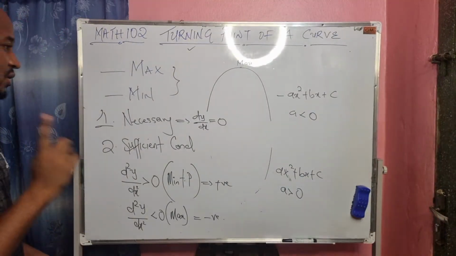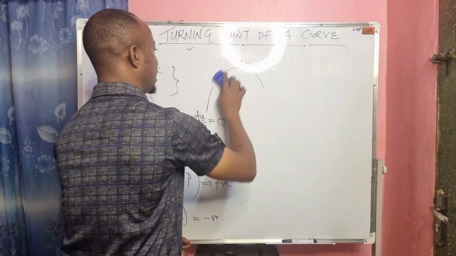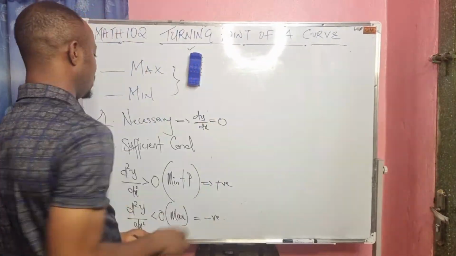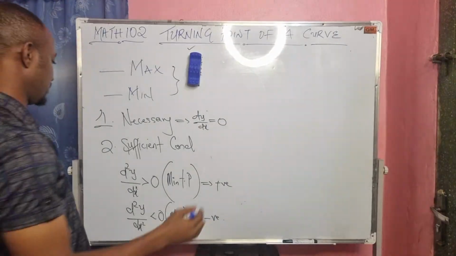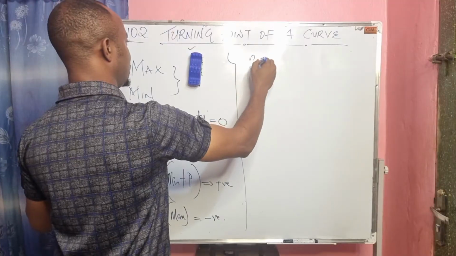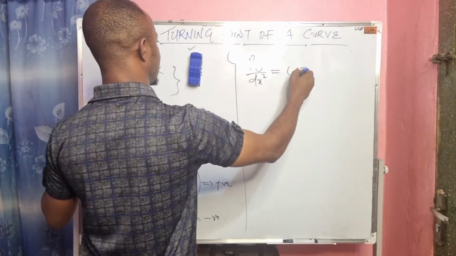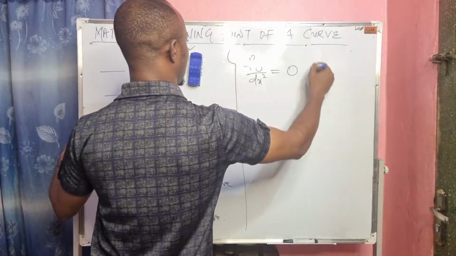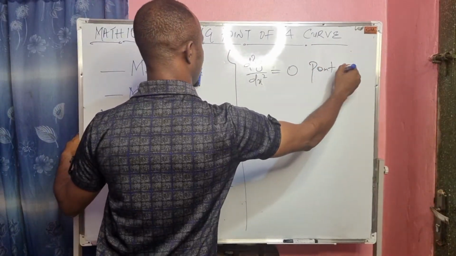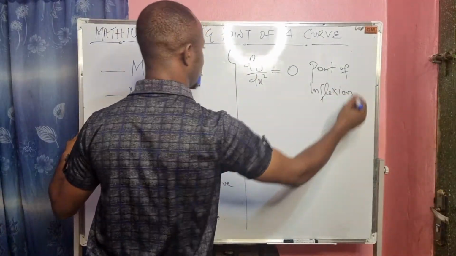Then we say that there's a third condition that gives us a stationary point called the point of inflection. This third condition, when d2y/dx squared is equal to 0, we have a point called the point of inflection.